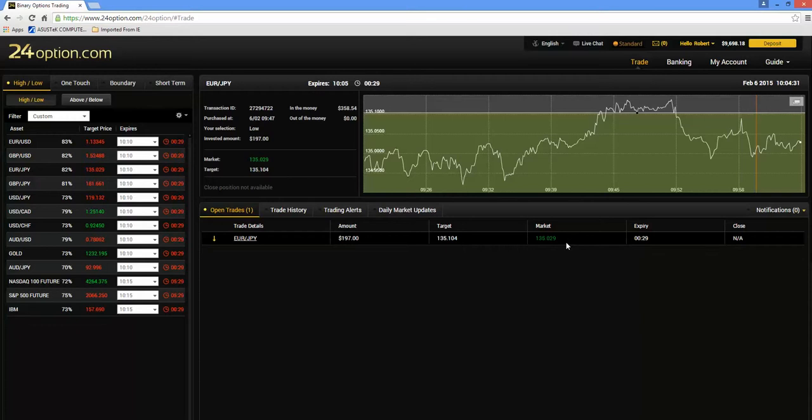Nice comfortable zone, but with any currency pair trading with the yen, they tend to move fairly fast, but we've got 23 seconds left. 20, 19, 18, 17, 16, 15, 14, 13, 12, 11, 10, 9, 8, 7, 6, 5, 4, 3, 2, 1, 0.